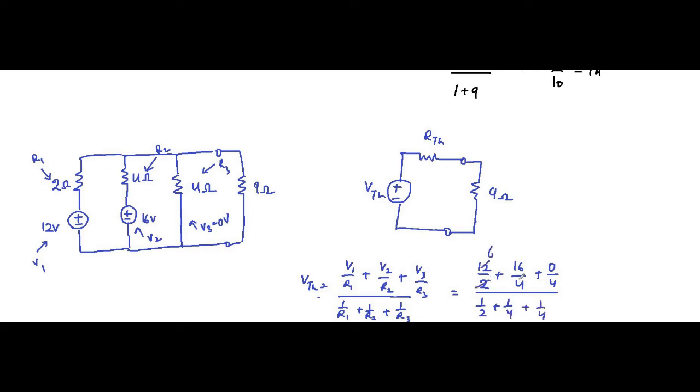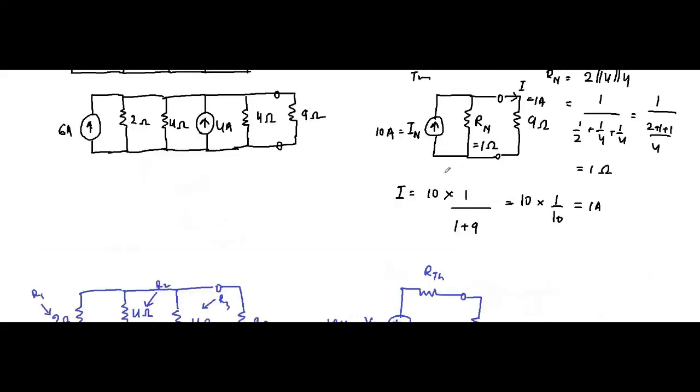So this is 6 plus 4, that is 10, divided by 2 plus 1 plus 1 over 4, so simply VTH is 10 volt.